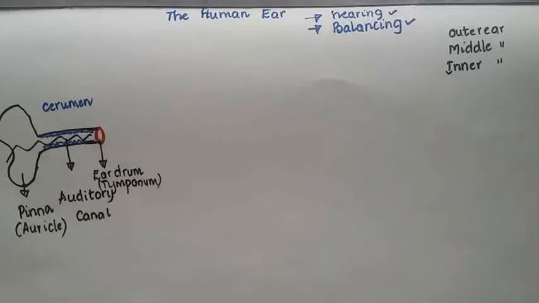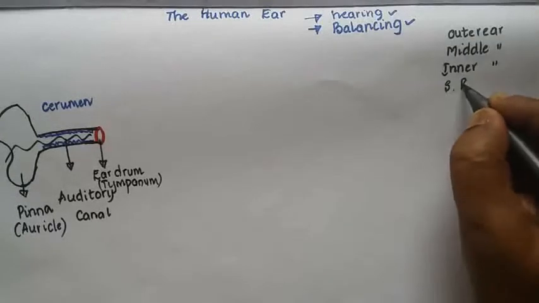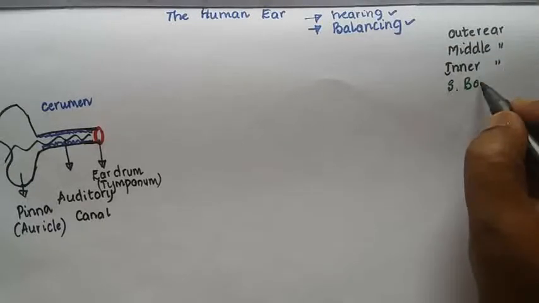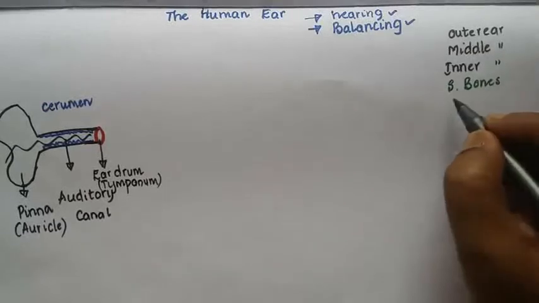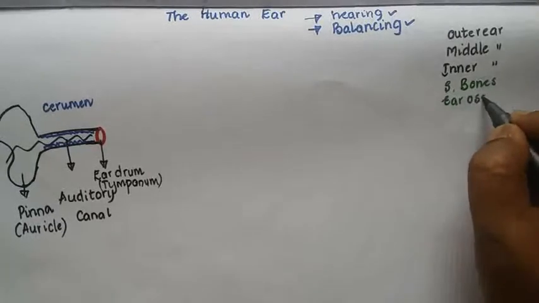Now let us start with the middle ear. The middle ear comprises three smaller bones, and those three smaller bones are named as ear ossicles.